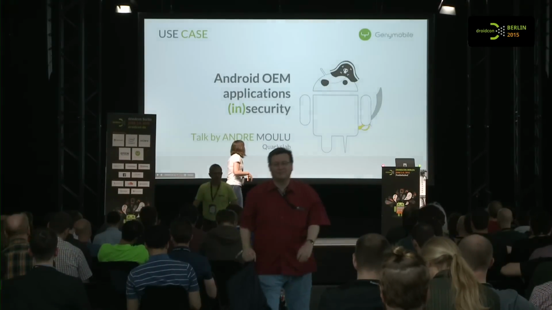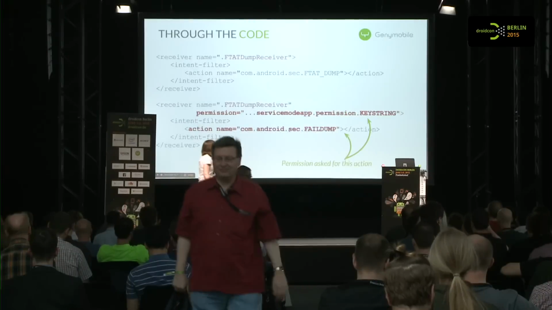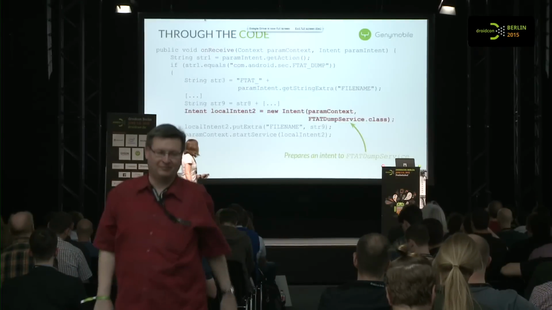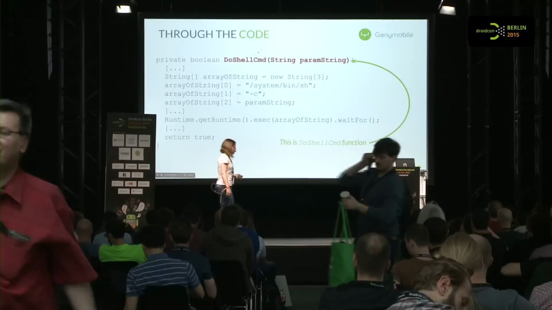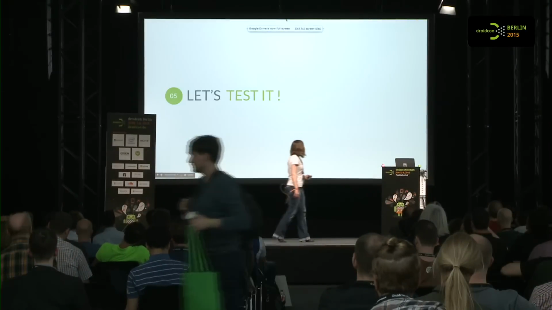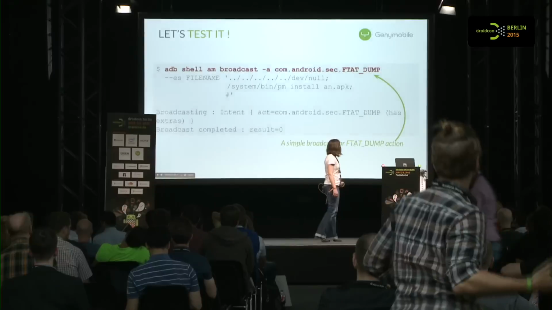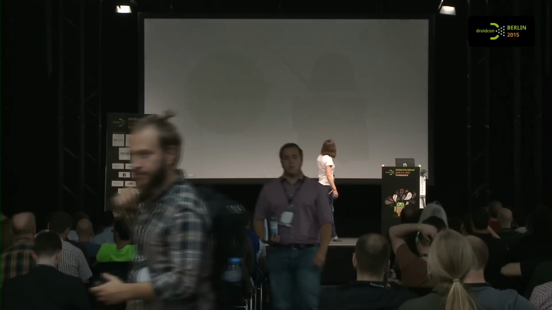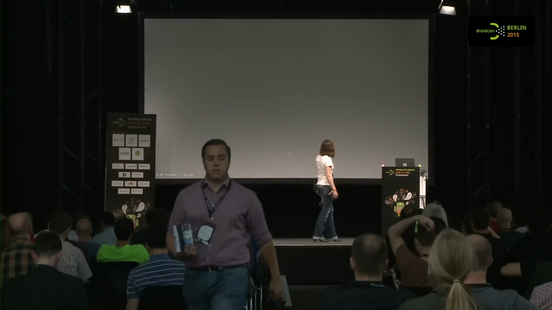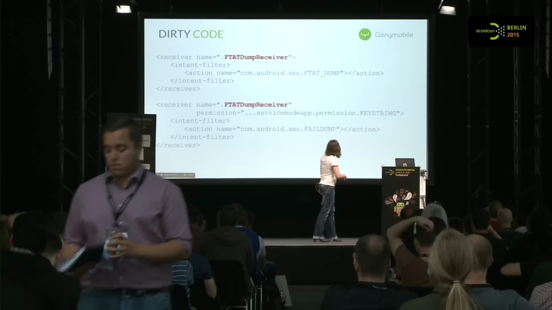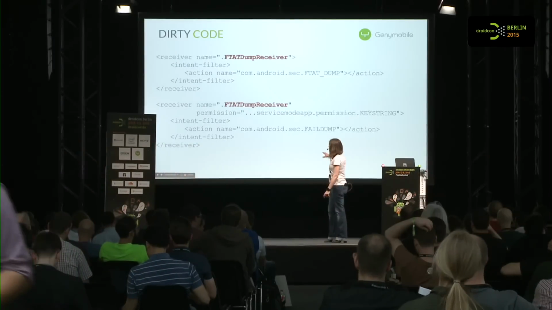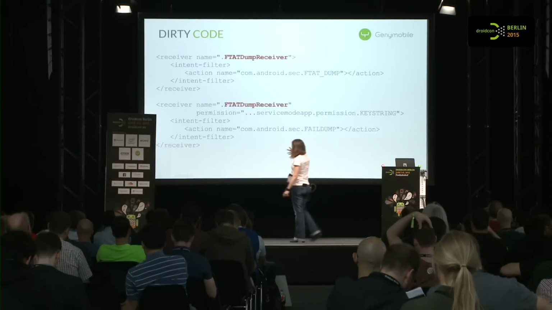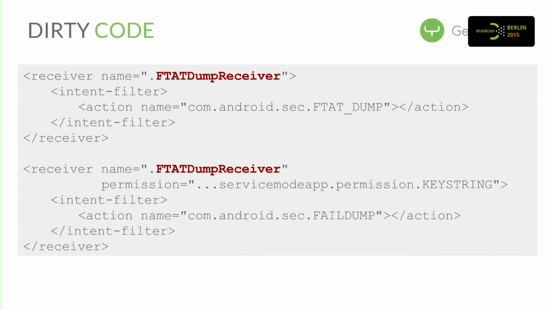Okay. I just want to show you one guy's example of when a permission is not used correctly. The beginning was okay. In the application, the guy declared a receiver, and for one action of this receiver you have a permission to do the action, and on the other action, no permission.